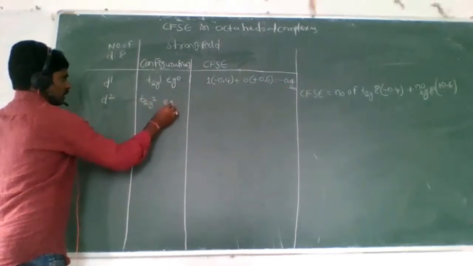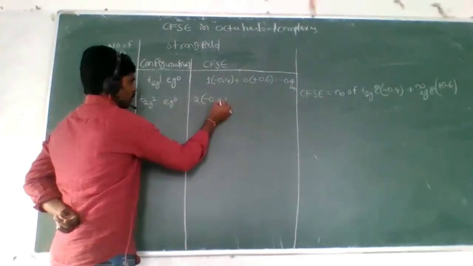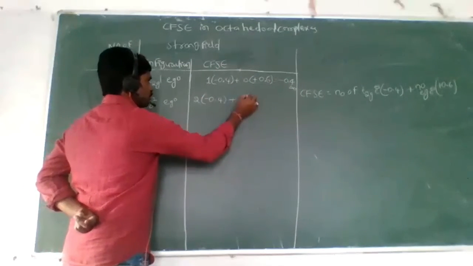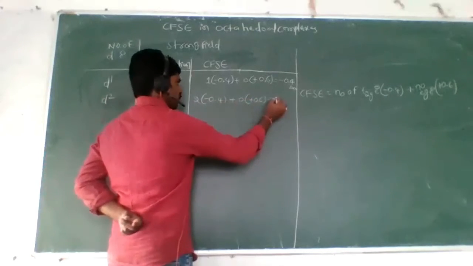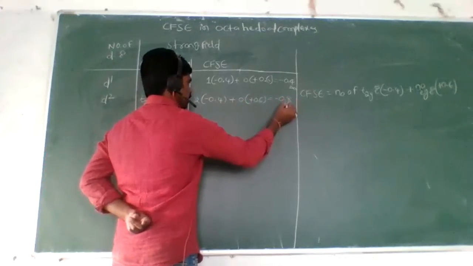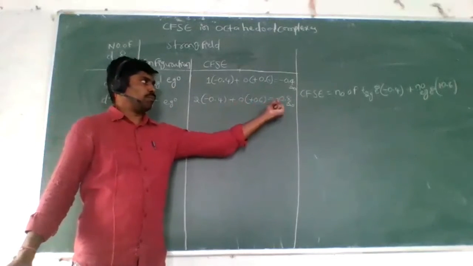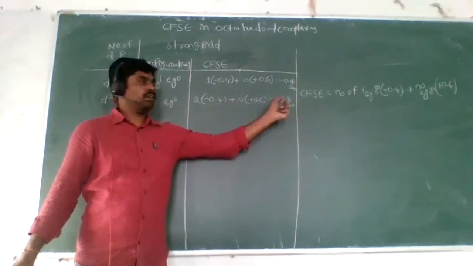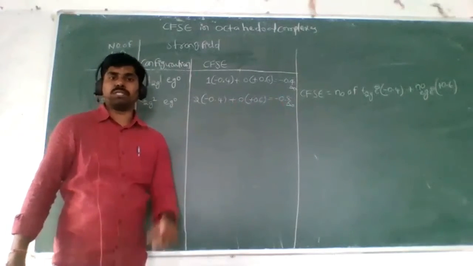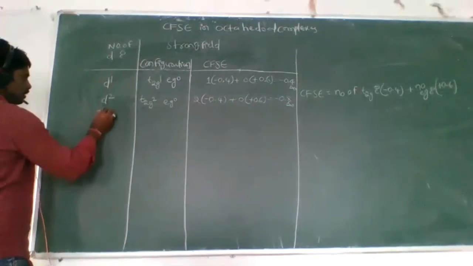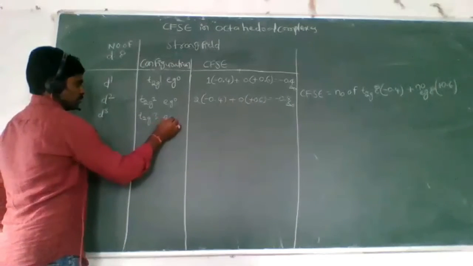Two electrons: T2g2 EG0. So 2 times minus 0.4, plus 0 times 0.6, that is 2 fours are 8, minus 0.8 delta naught. The complex is stabilized by minus 0.8 delta naught units if 2 electrons enter the T2g. The same for d3: T2g3 EG0.